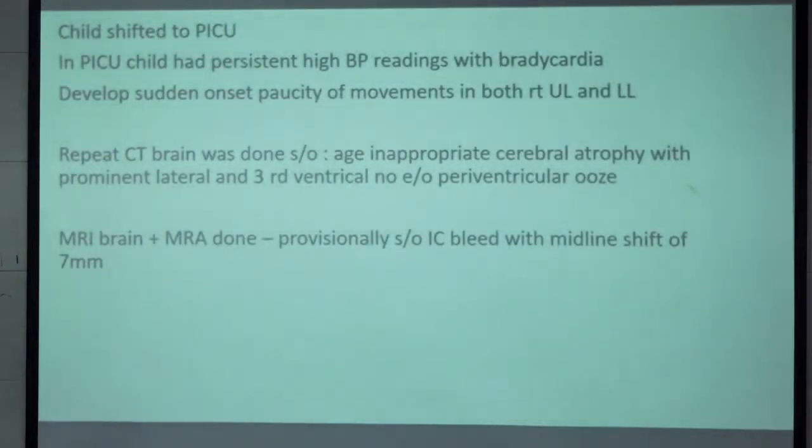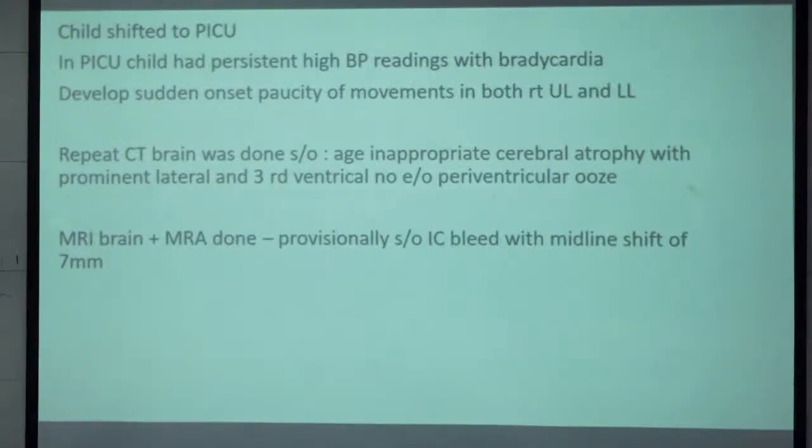The child was immediately shifted to PICU. In PICU, the child was having persistent high BP readings with bradycardia with signs of raised ICT. She developed sudden onset paucity of movements in right upper limb and lower limb.